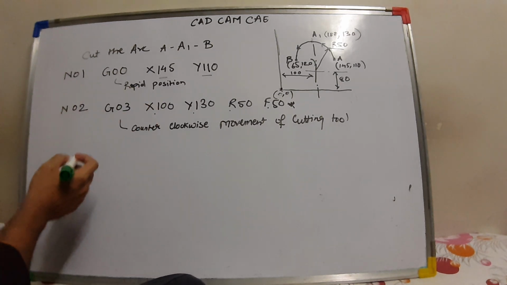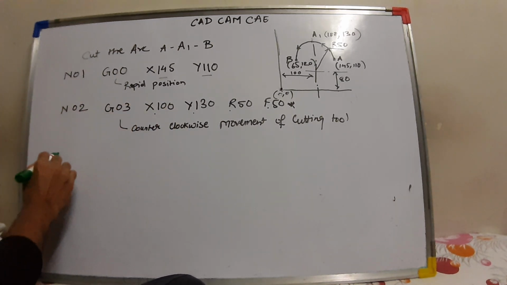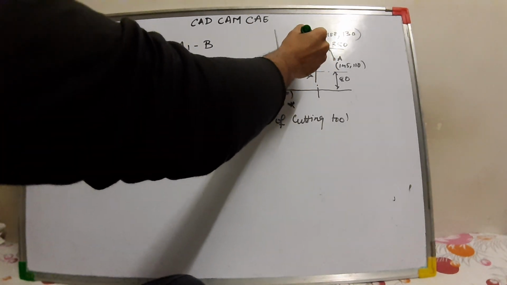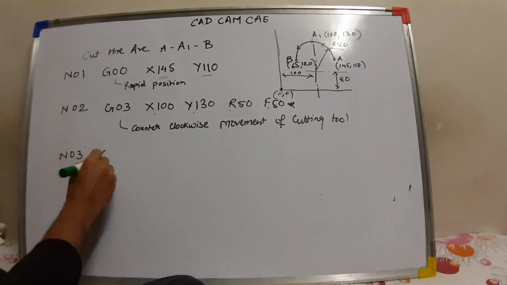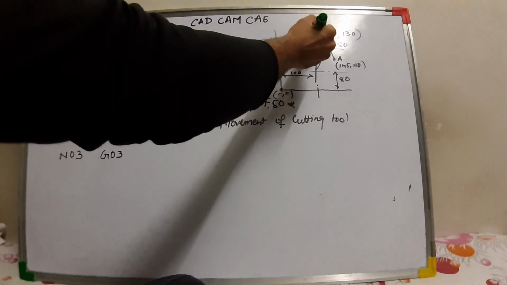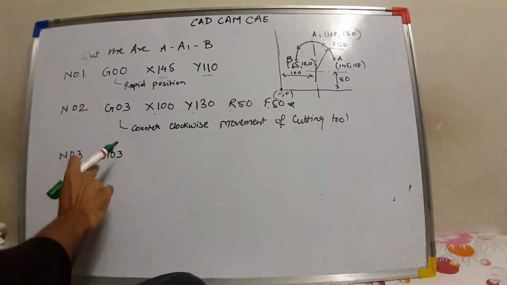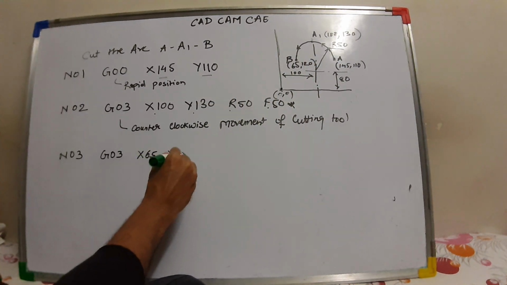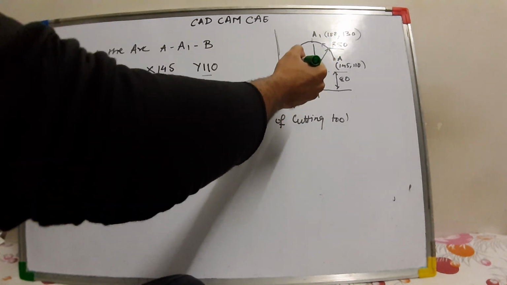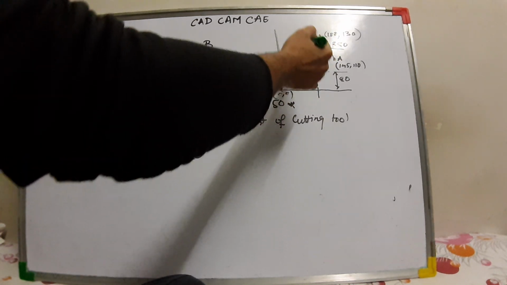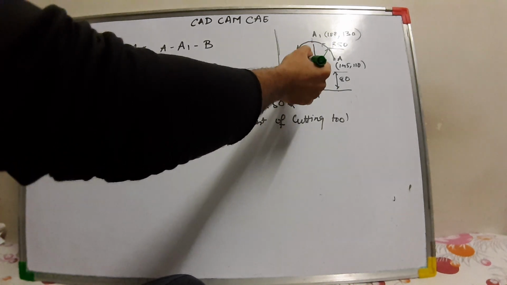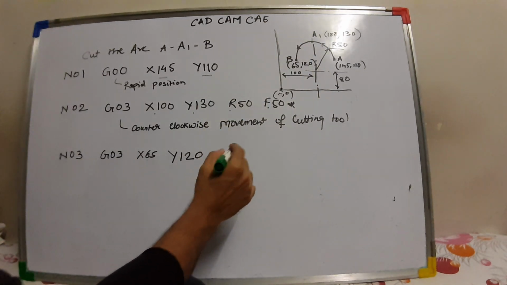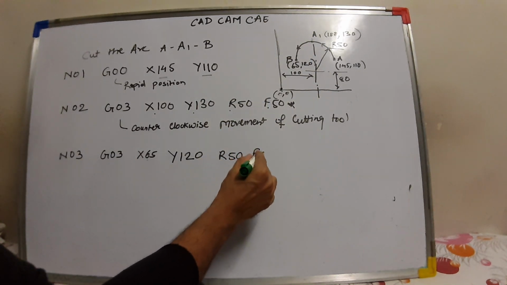Next step of coding, N03. Now your tool is at A dash, and you're supposed to move it from A dash to B. Again G03, moving in the counterclockwise direction, X65 Y120. Now you're giving the movement in the anti-clockwise direction till point B, where B has the coordinates X65 Y120, again considering the radius 50 and feed 50.